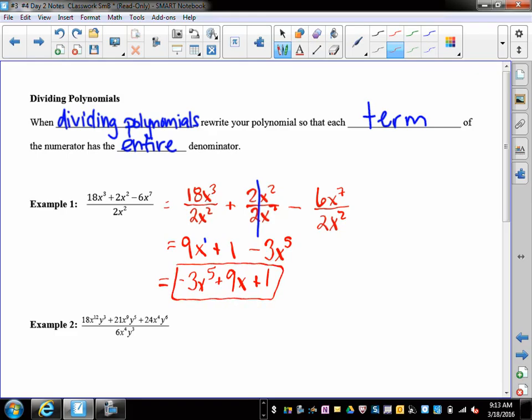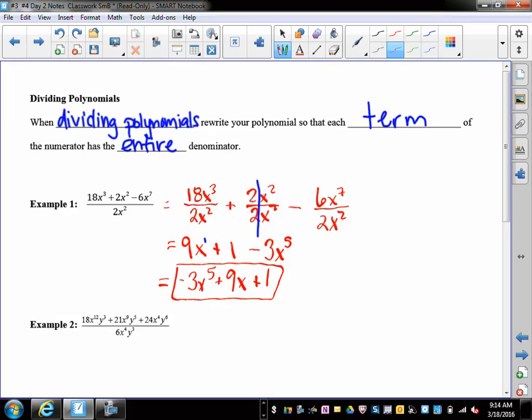Hey, let's classify this. I know it doesn't say to, but I think it's good for you. Based upon the degree. Are my exponents the same? No, they're not like terms. You have to have the same exponent in order for it to be like terms. Anybody know what to call this one based on its degree?